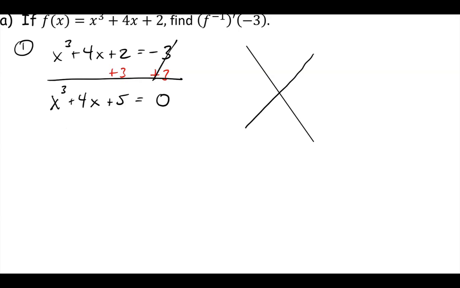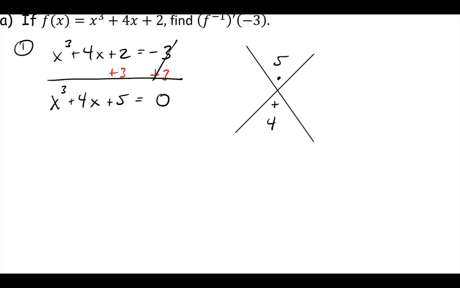Because factoring says, all right, so multiply A times C. So it would be 5 and 4. Are there any numbers that would multiply to be 5 and add up to 4? 5 and 1, no, that's 6. That doesn't work either.